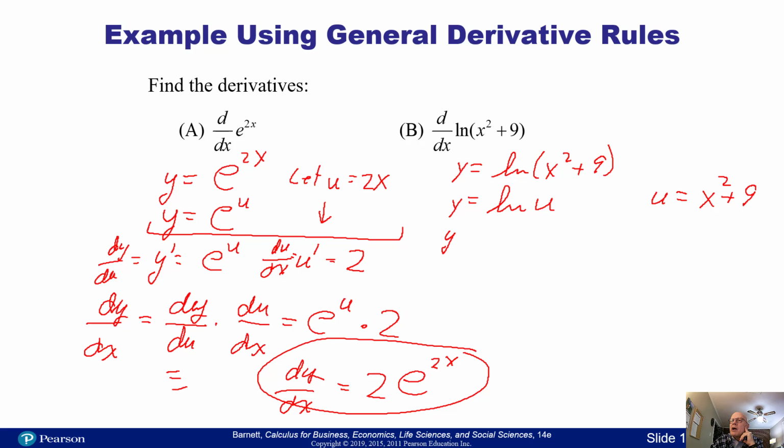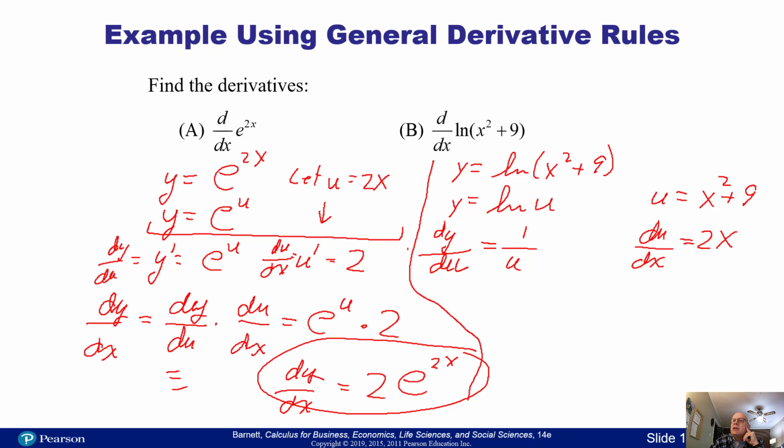So y prime, or let's use this notation, dy du. Now remember, we've got a variable of u here, so it'll be dy du equals, and this is just a nice 1 over u over here. du, d what? Well, there's the x. So u x. What's the derivative? Well, that's easy, right? So we've got these already set up for us.